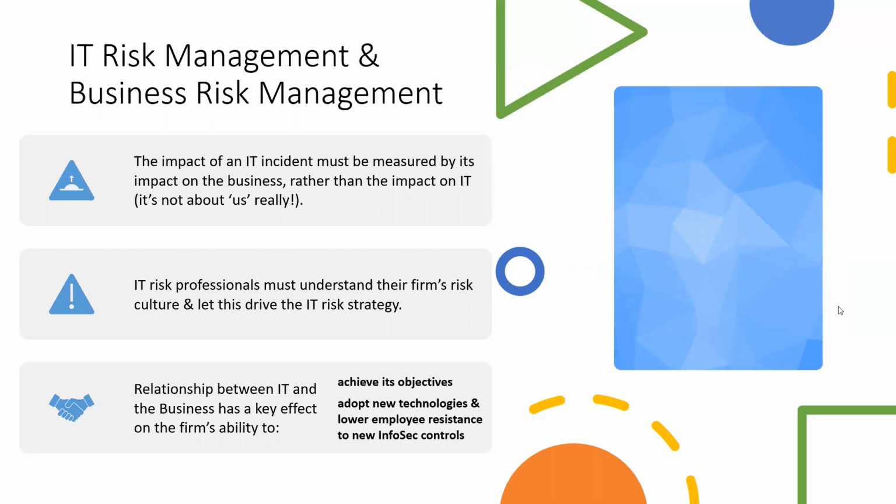When we're going into work as risk professionals, the most important thing on our mind should be the business, the business, the business. What will the impact of this risk be upon the business, upon the different business units, upon the business's goals, upon its objectives?